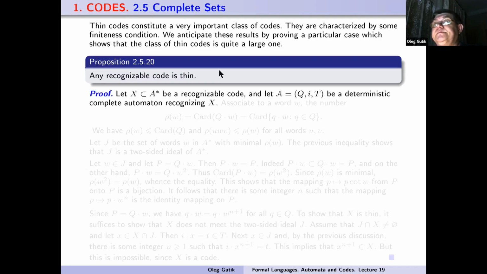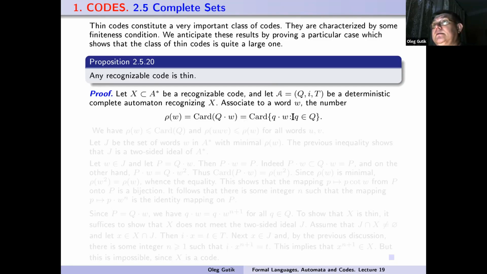The proof: let X, a subset of the free monoid A*, be a recognizable code, and let (Q, i, T) be a deterministic complete automaton recognizing the set X. Associate to a word w the number ρ(w), the cardinality of the set of states.